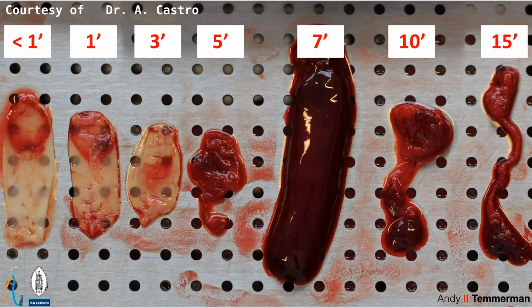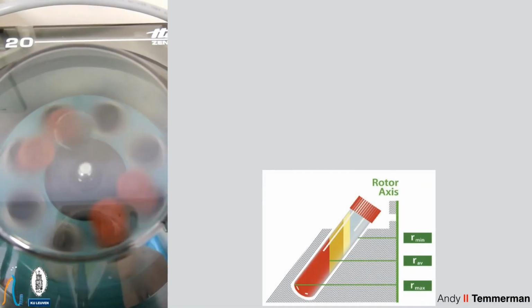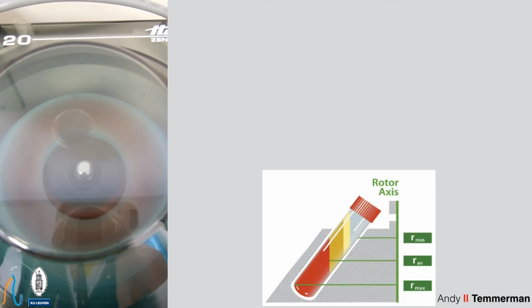When we wait longer, the size and indisputably the biological activity of the product decreases. And even if we wait for 7, 10 to 15 minutes, we were not able to create a membrane whatsoever. So we have seen that the time between the venipuncture and putting the tubes into the centrifuge can lead to immense differences between the end products.